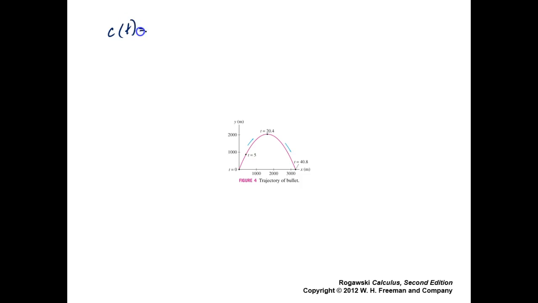C of t is equal to 80t, comma, 200t minus 4.9t squared.